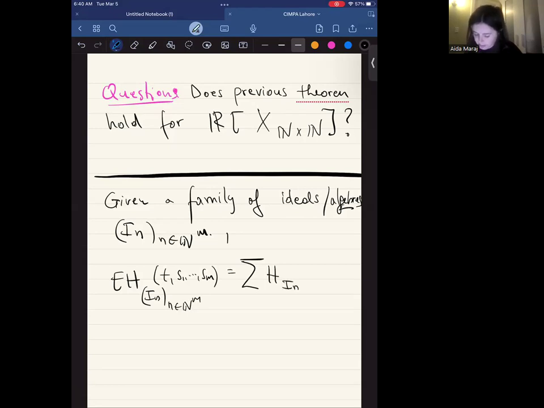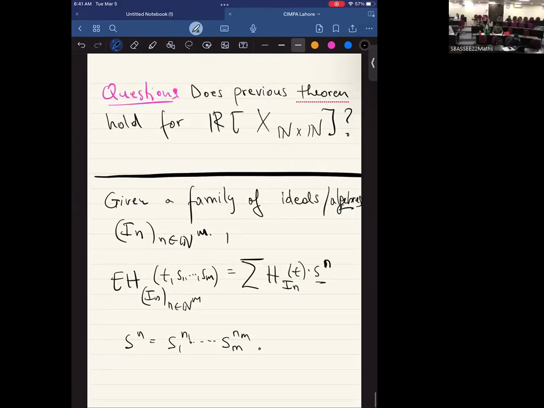When I say IN, I mean the quotient ring, but for short, I'm writing IN of T times S to the N, where now S to the N is just S1 to the N1 times Sm to the Nm.